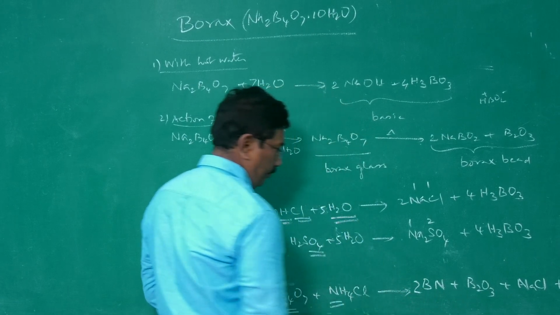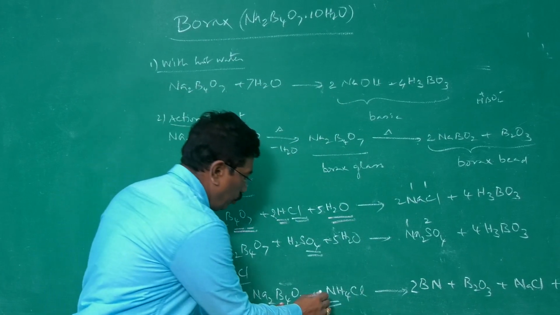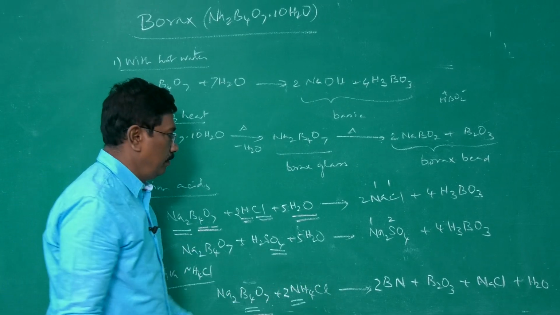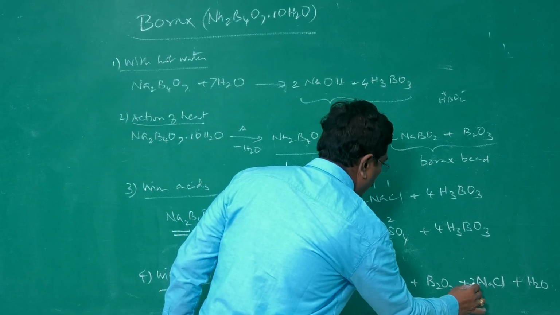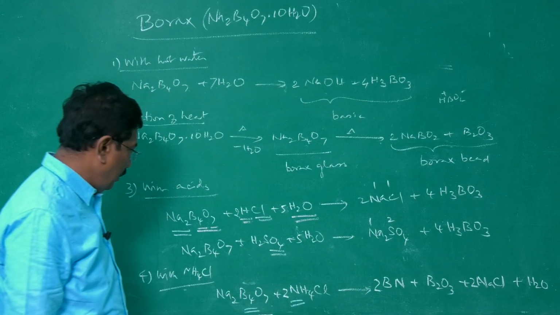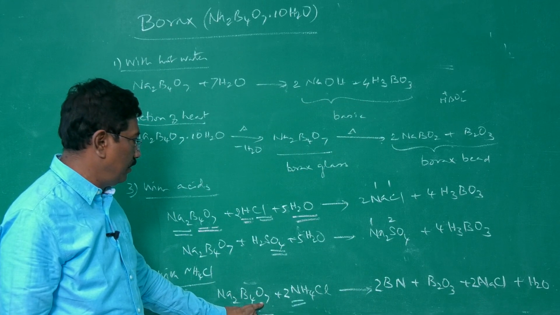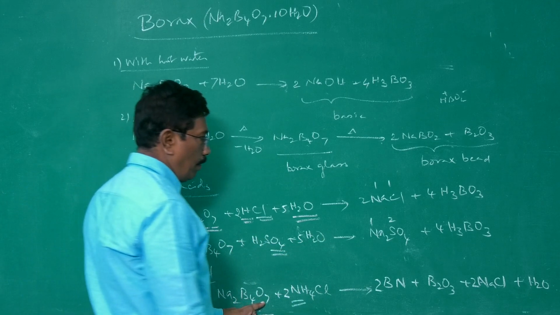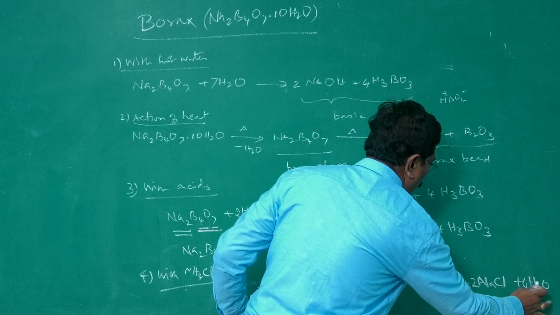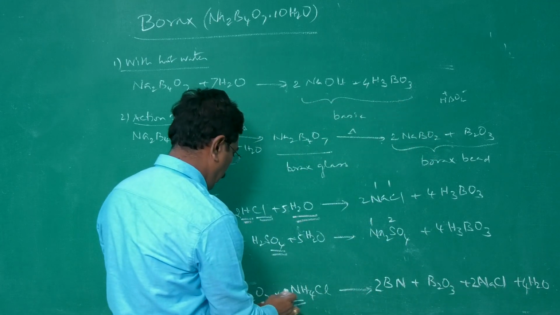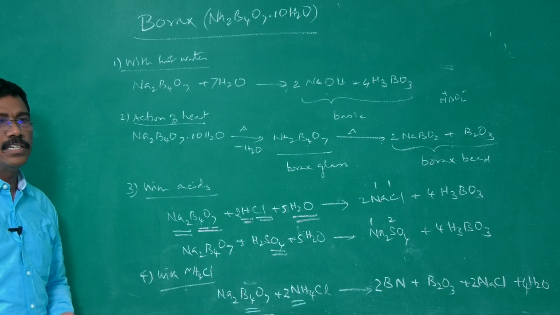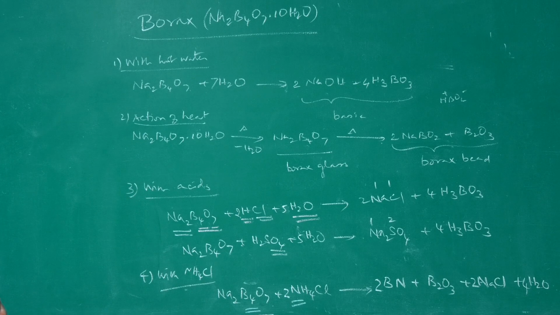Naturally 2 should be here. 2 sodium, 2 chlorine, therefore 2 NaCl. Now water. 7 oxygen. Out of 7, 3 went in the form of boron trioxide. Remaining 4 should go as 4 water molecules. If I count hydrogen, it will be balanced. So that is about the chemical properties of borax.